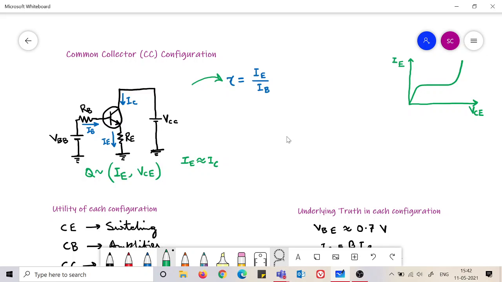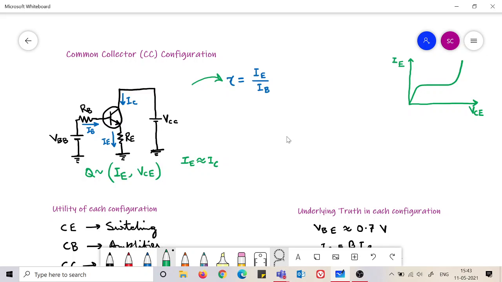IE you replace with gamma IB, and you utilize KVL in the input loop: VBB minus VBE minus gamma IB RE. So you will figure out what is IB. Once you figure out IB, you will figure out IE.